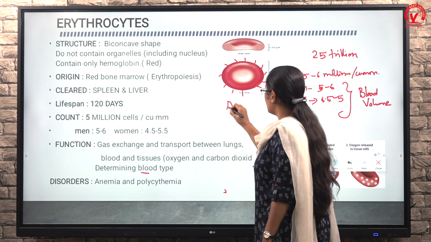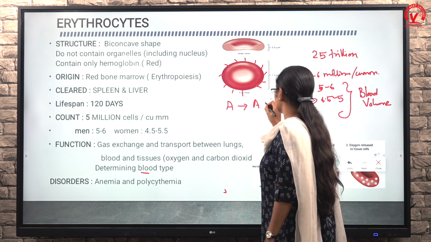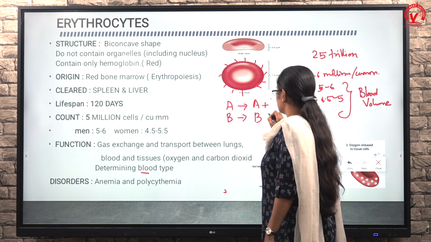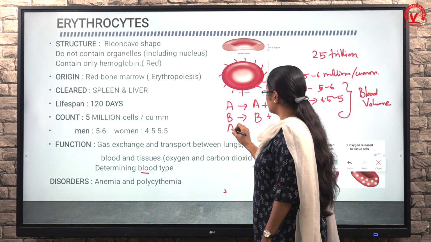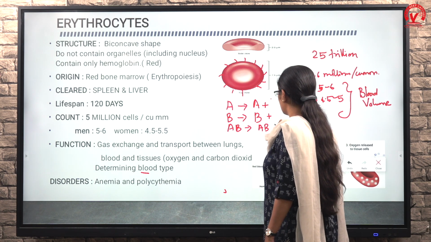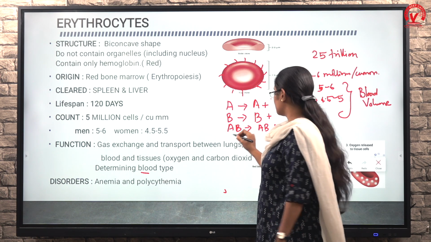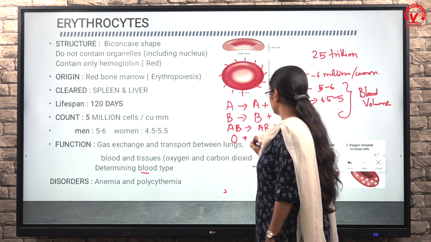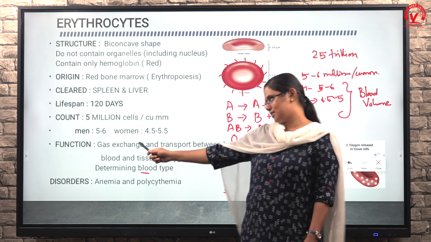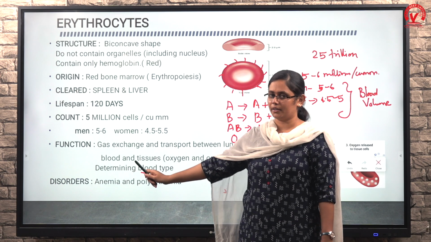If they have A antigens, the blood group would be A positive. If they have B antigens, the blood group would be B positive. If they have both antigens, the blood group will be AB positive. And if they have no antigens, the blood group will be O positive. So they help in gaseous exchange and to determine blood group.